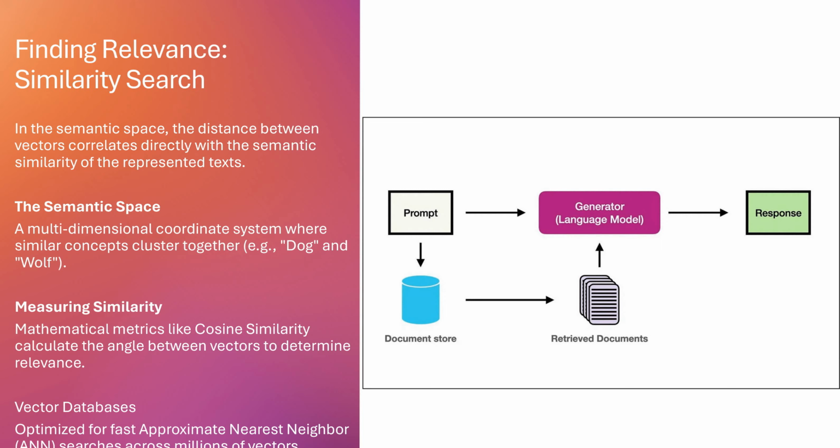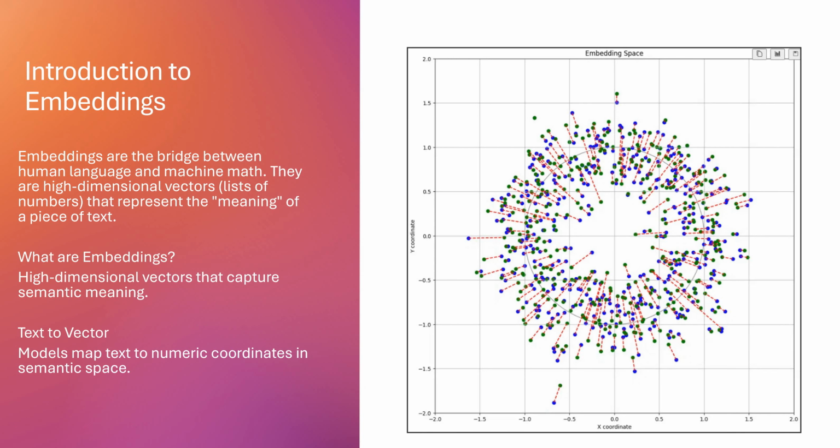We divide them into vectors, and we see the relevance of the two. For measuring the similarity, we use mathematical metrics like cosine similarity, which calculates the angle between the vectors to determine the relevance. And the vectors are working in the nearby space, like in this example I showed.